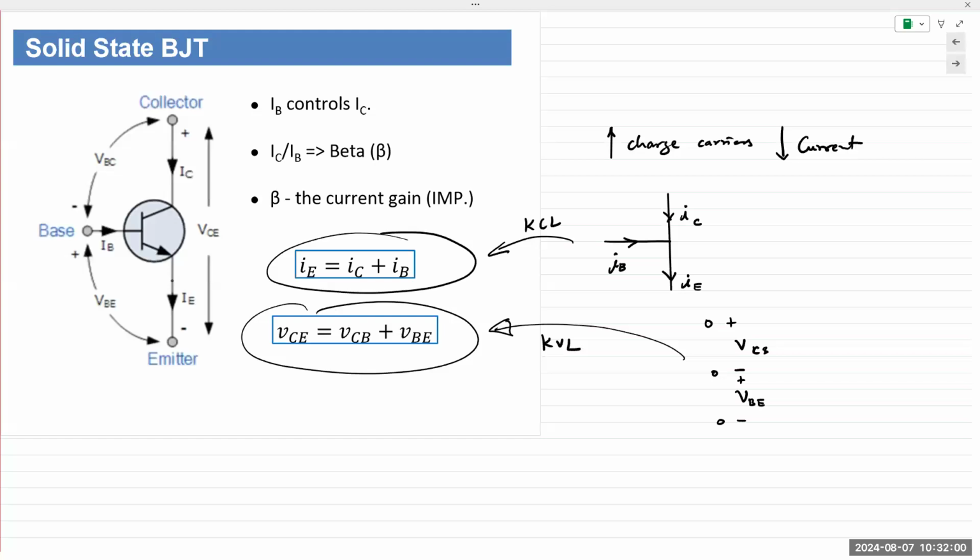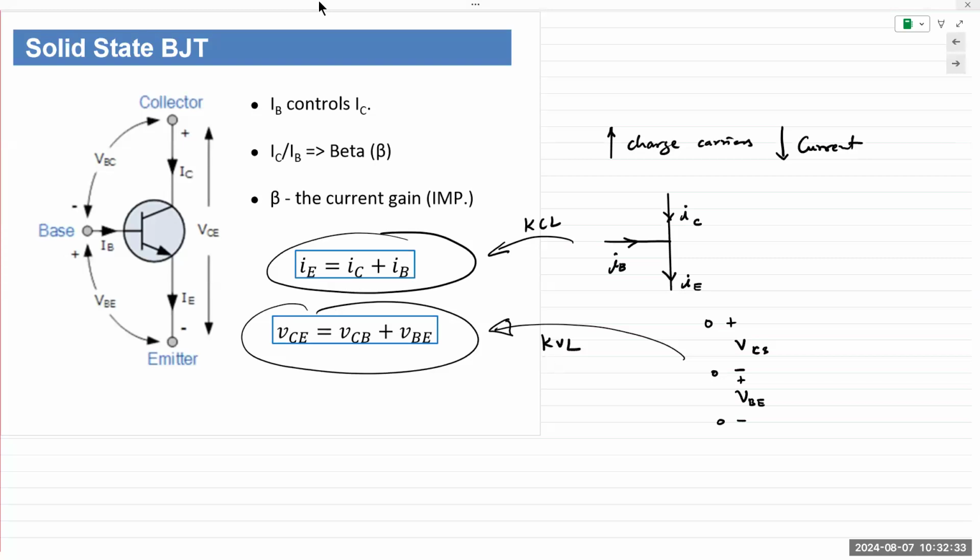We can see the emitter current is the sum of the collector and base currents, and the collector to emitter voltage, VCE, is the sum of the other two voltages. In the next couple of pages, I will explain the basic operation of a bipolar junction transistor. Before that, let's take a 10-second pause. Let me know if you have any questions.